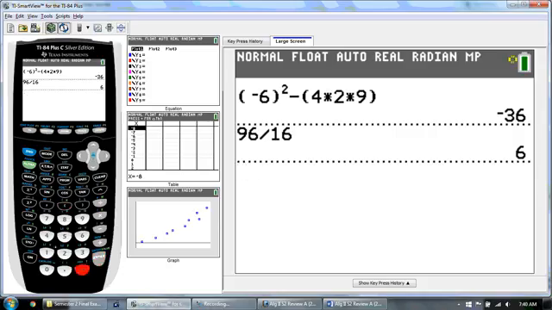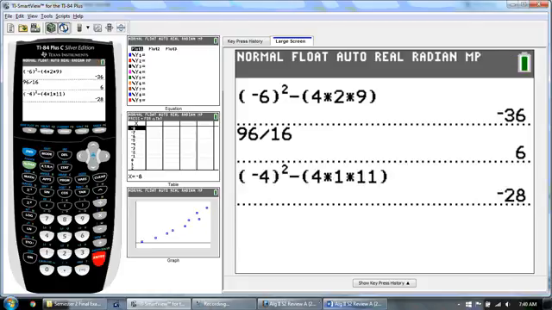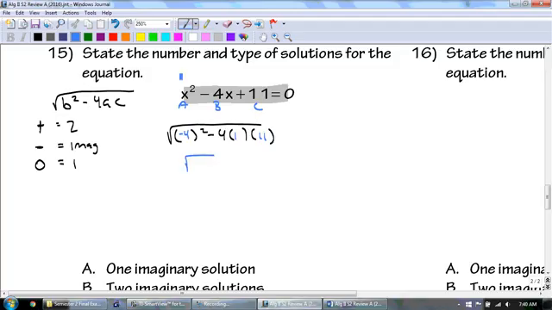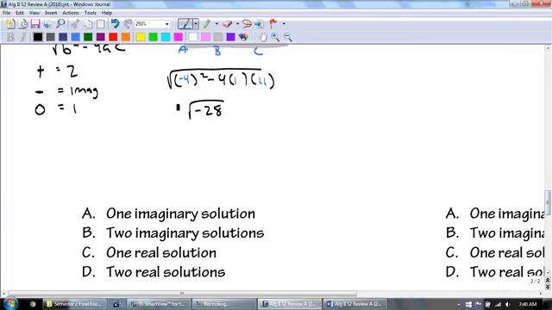So I have negative 4 squared minus 4 times A times C, and we get negative 28. Sorry, the square root of negative 28. So when we would solve that, since it's going to be plus or minus outside, that's going to give us two imaginary solutions.